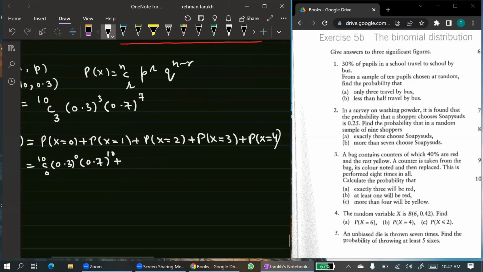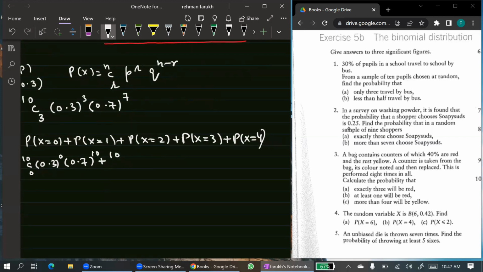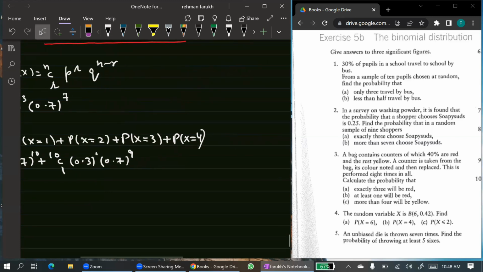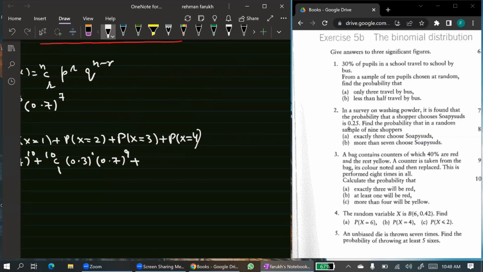For X is equal to 1, 10C1, 0.3 power 1 and 0.7 power 9. For X is equal to 2, 10C2, 0.3 power 2 and 0.7 power 8.